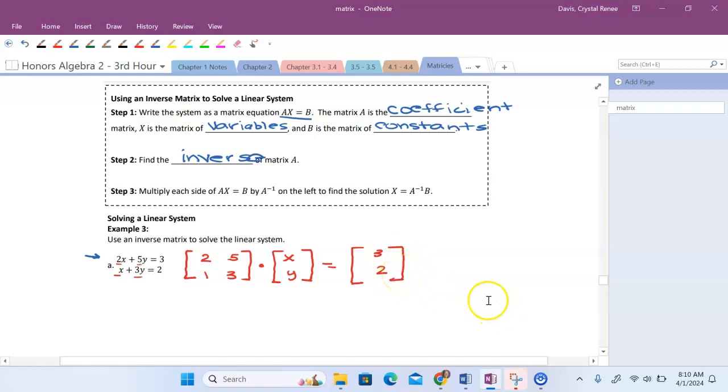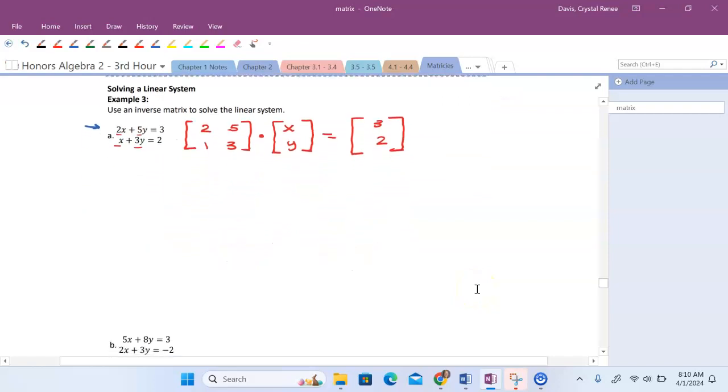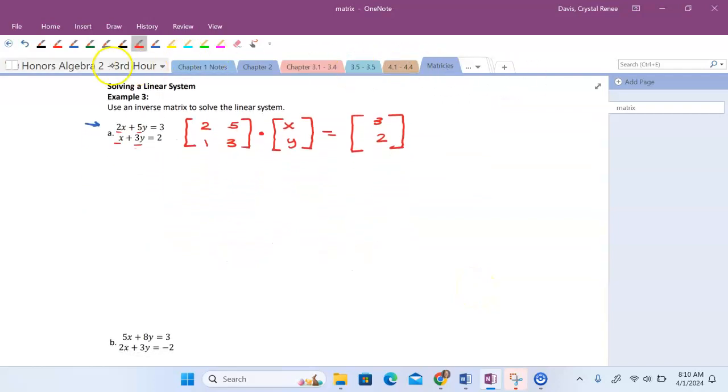Okay, so the first thing that I want to do is find my inverse matrix of A. If this is my A, I want to find my inverse of A. And remember, I do that by finding the discriminant first, so 1 over 2 times 3 minus 5 times 1.